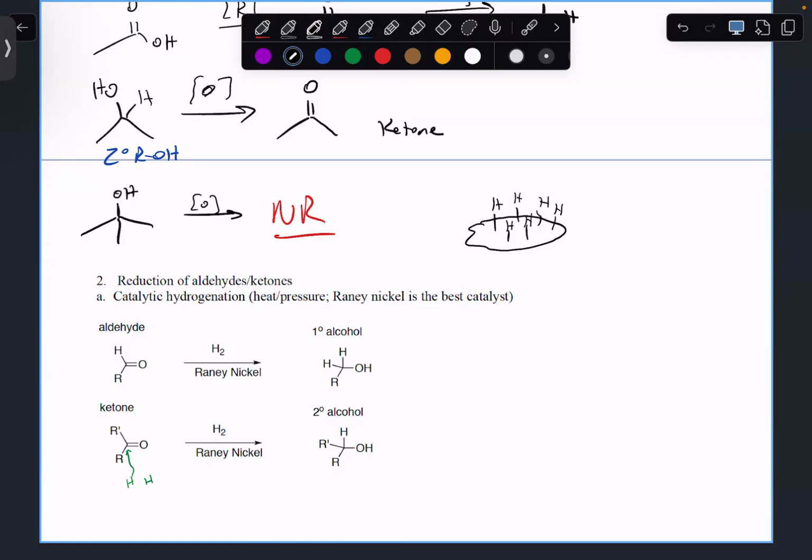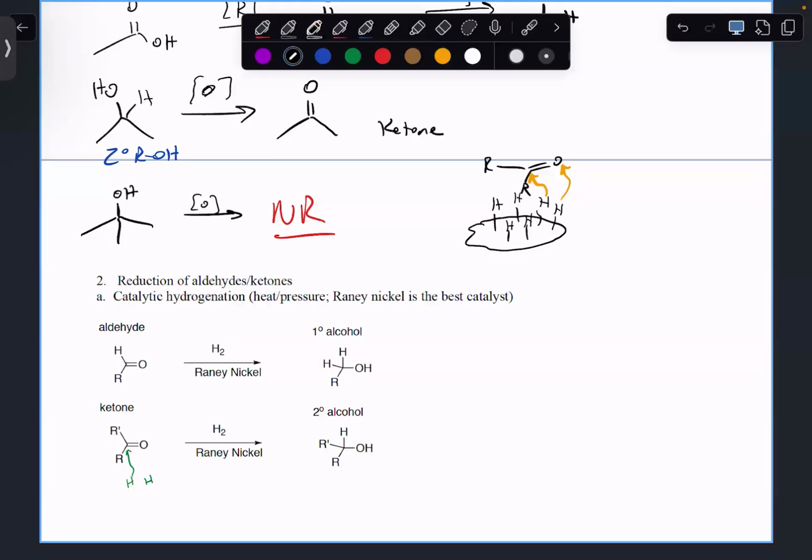And then what happened was the CC double bond or the CC triple bond came and kind of sat down on that bed of hydrogen. And then the hydrogens got transferred, right? One hydrogen added to one of the double bond carbons and another hydrogen added to the other. Well, mechanistically, the exact same thing is going to happen here.